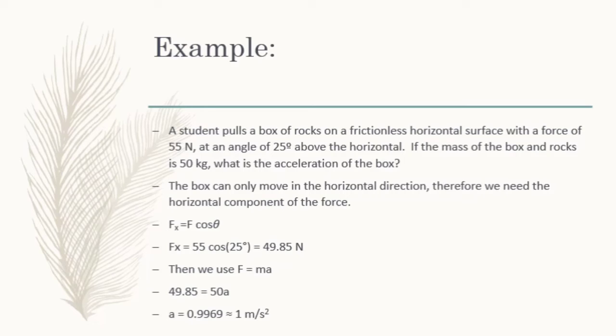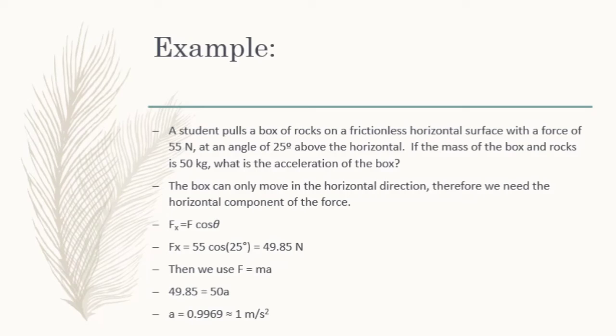But the box is not going to move up or down, so I'm only concerned with the horizontal component. So Fx is equal to F cosine theta, which would be the 55 newtons of force times cosine of 25 degrees. So that means, horizontally speaking, I'm pulling with a force of 49.85.